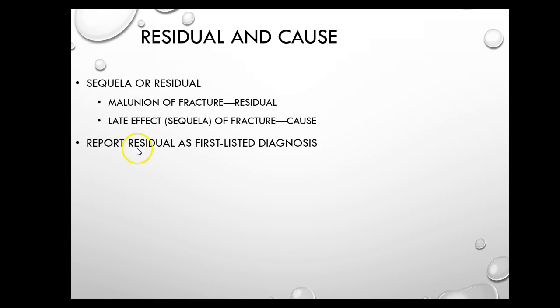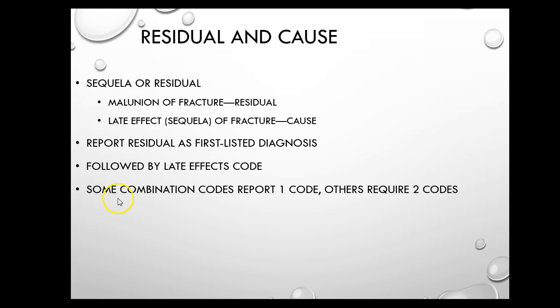So one of the rules is that we will report the residual as your first listed diagnosis when you're dealing with sequencing, and then you would follow up with the late effect code. There are some combination codes that report one code and others require two. You'll see that as you continue to code. One good example of learning how to understand this type of coding, residual and cause, is when you're dealing with fractures.